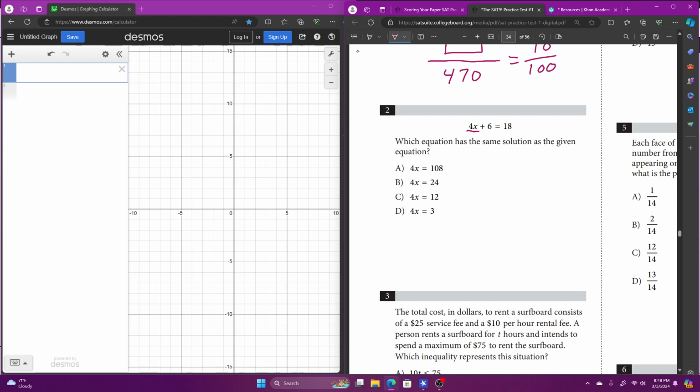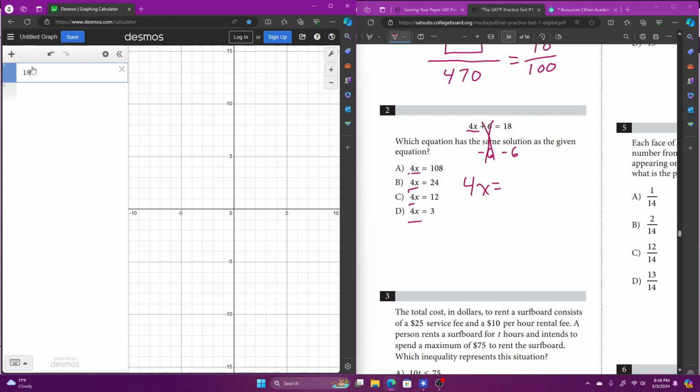How do you get rid of a plus 6? You would have to subtract 6 on both sides of the equation to make these 6's cancel out to give you 4x equals, what is 18 minus 6? And it is 12.